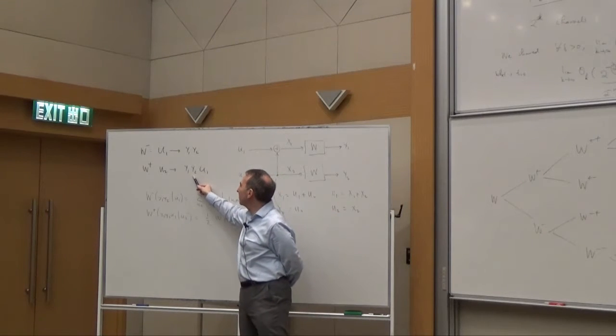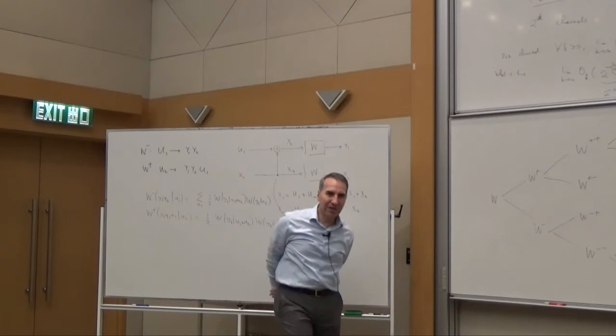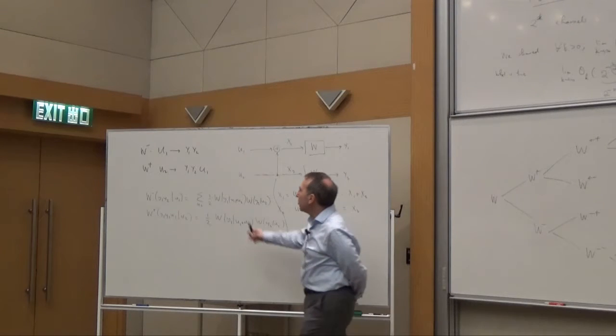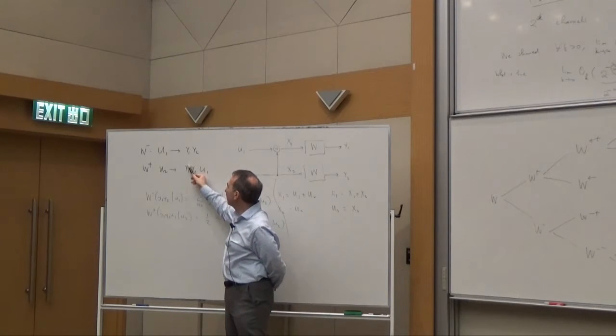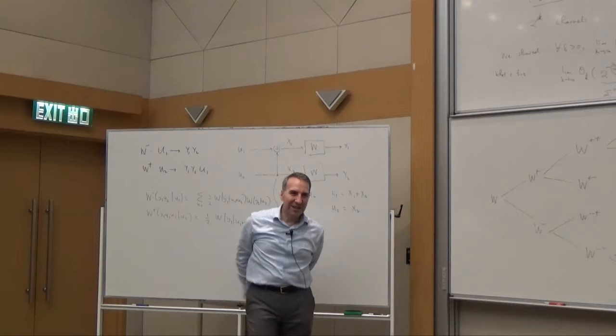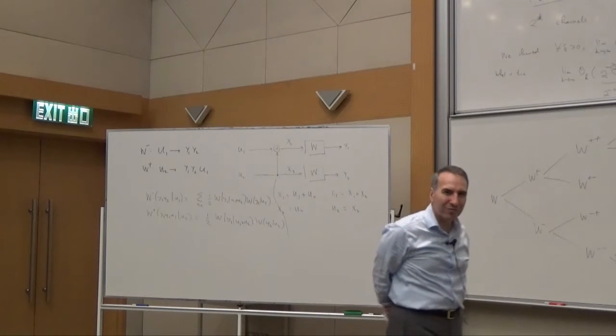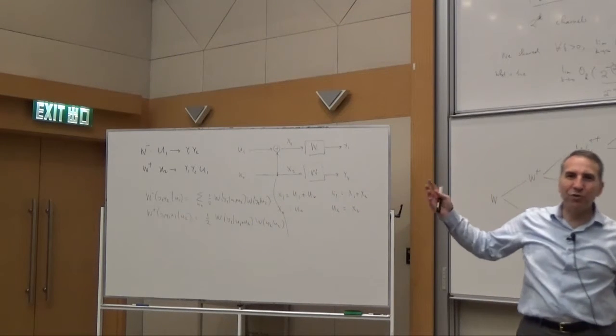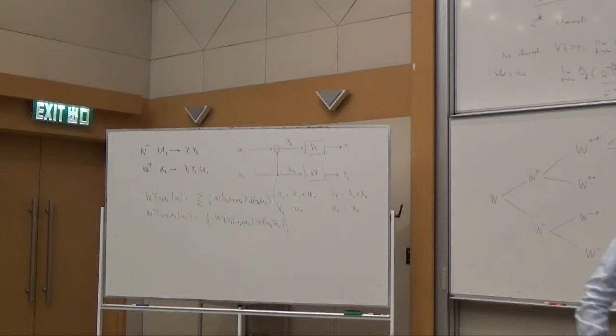And W plus is 3 times 3 times 2, which is 18. If you go one more step, the minus of this channel has 18 squared outputs, and the plus of that one is 18 squared times 2, which is like 600-something. The minus of that has the square of 600, which is like 40,000 outputs, and so on.